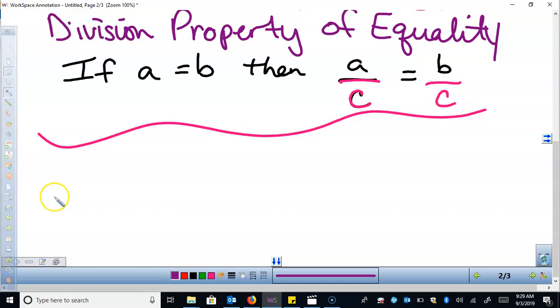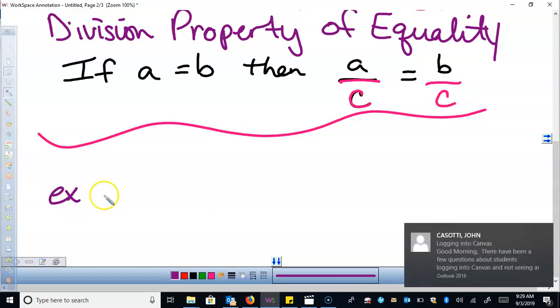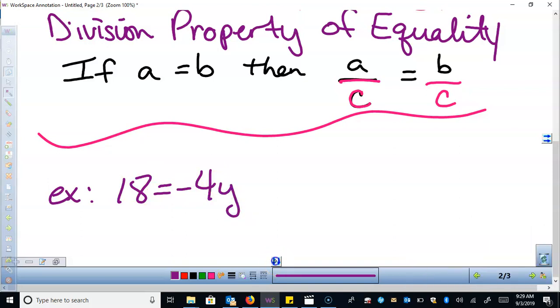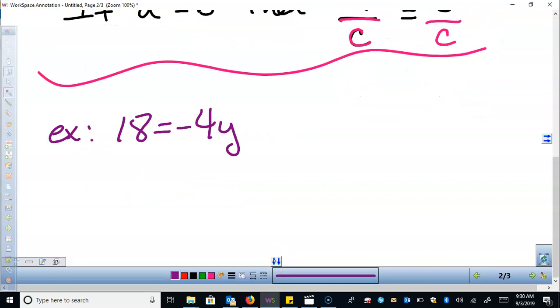We're going to be working more with rational numbers. So let's take this example, and we're going to use the properties discussed in order to figure out the missing value. We see that there is multiplication involved when we have -4 and y. So -4y means -4 times y. We're going to use the division property, and we're going to undo that -4 in order to isolate the y.